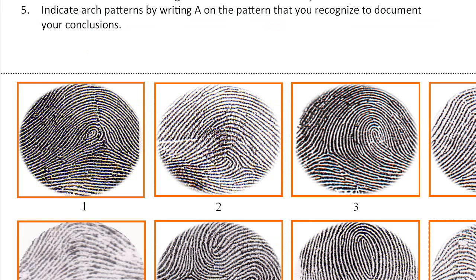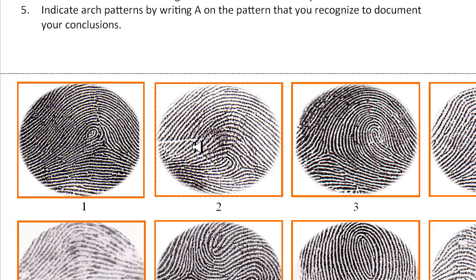Looking at the first three prints, 1, 2, and 3, I want you to very simply see if you can see the ridges starting on one side, rising, forming a hill, and returning to the other side. Now, in this one, there is obviously something else going on here.